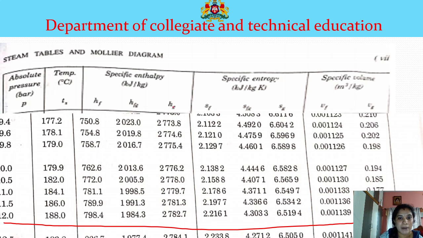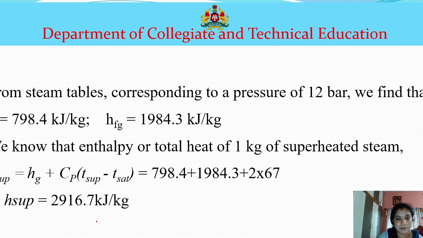I'll confine myself to only these values from the steam table. So from the steam table for 12 bar, these are the specific enthalpy values. This is what we have noted down. We have taken the values of HF and HFG.